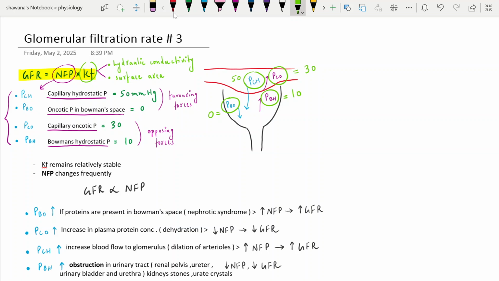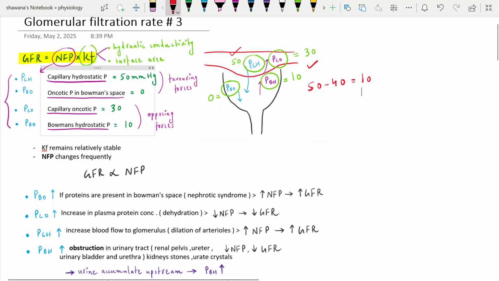So the forces favoring filtration are 50 and forces opposing filtration are 40. So 50 minus 40 under normal physiological conditions is 10. It means that the filtration is occurring into the Bowman space easily in physiological conditions.